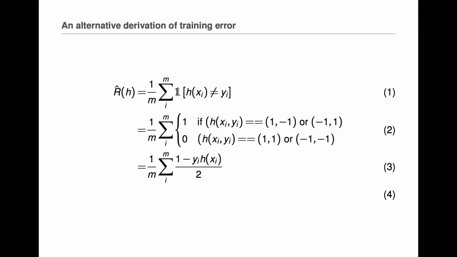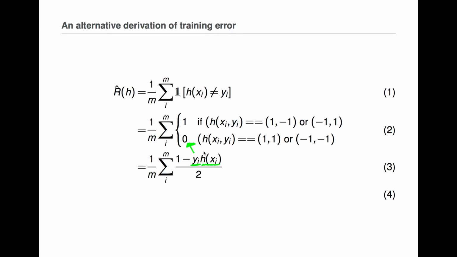With a little bit of algebra, we can rewrite that as a product between the true answer, yi, and whatever our hypothesis spat out, h of xi. Think through the various options of the label and the answer. If the answer was right, then this product will be 1. And if this product is 1, this whole thing will be 0. So that's if it got it right.